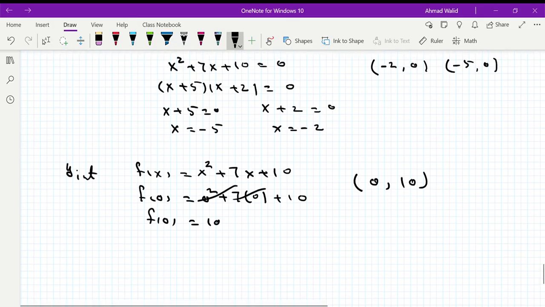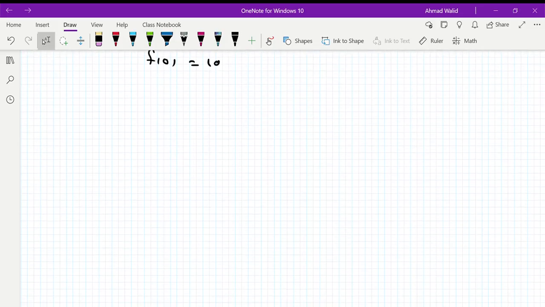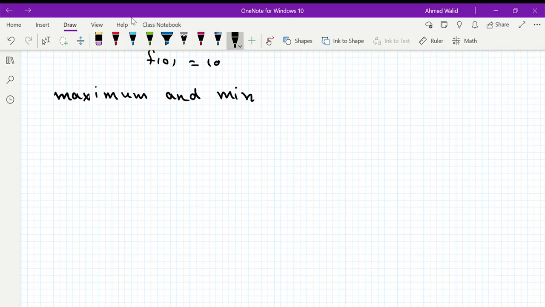Let's talk about maximum and minimum value. At the beginning of the lecture, I discussed it a little bit for you, but let's discuss more. Maximum and minimum of quadratic functions.